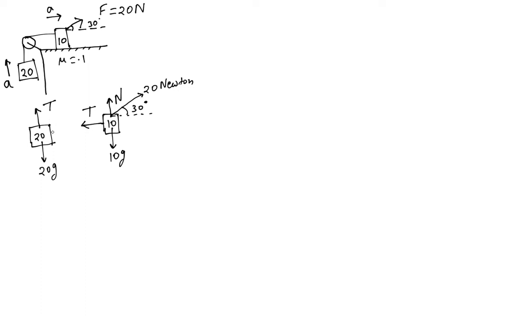Okay, now you see this, for this mass you can define the axis system, because now we are moving ahead and going to write Newton's law for both the masses. So let's define x this way and y this way for this mass, and similarly let's define x like that, y like that, and x like this for this mass.